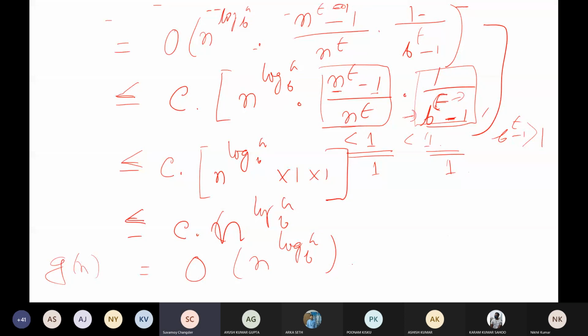Can you hear me? Yes, sir. Do you have any query? Have you understood what we have discussed? Yes, sir. Okay. So from case 1 we have got that Gn can be bounded as big O of n to the power log a base b.